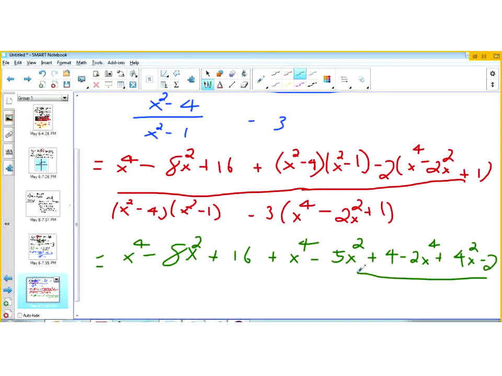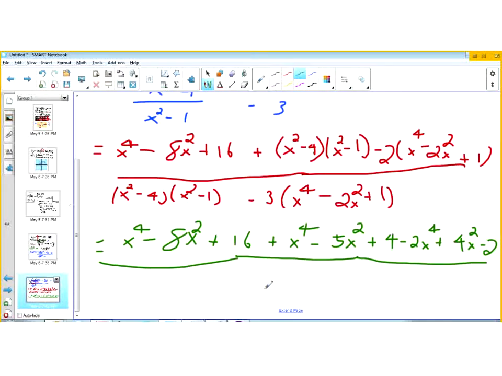And then all of this divided by x to the fourth minus 5x squared plus 4, minus 3x to the fourth plus 6x squared minus 3. So now we can simplify that.